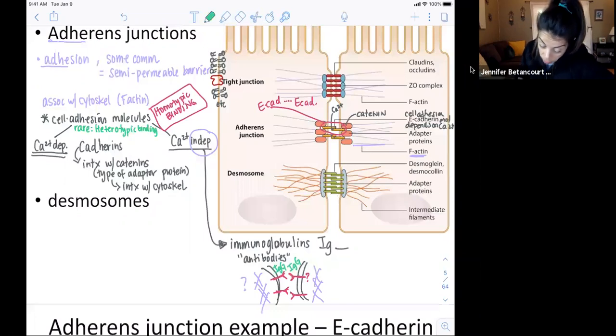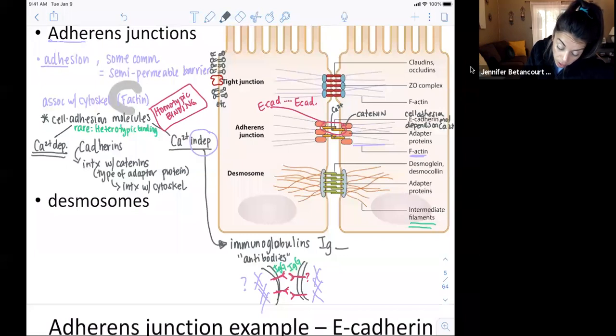But the only difference really is the type of filaments they interact with, where adherens junctions specifically interact with F-actin, desmosomes are going to interact with the intermediate filaments.